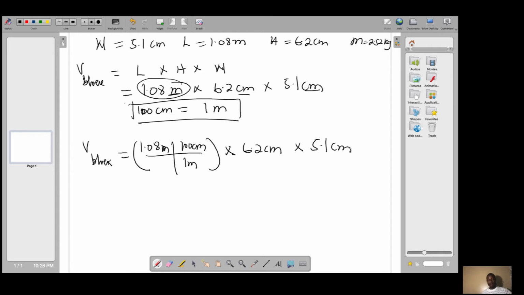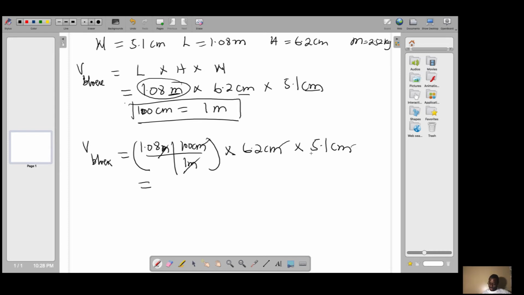Now, we've done unit conversions before, so just watch that video on unit conversions if this table here is confusing to you. Common units on a diagonal cancel. So what I have is I just have to multiply the 1.08 by 100 by 6.2 and by 5.1. And the centimeters will multiply also, so centimeters times centimeters times centimeters will give us cubic centimeters.